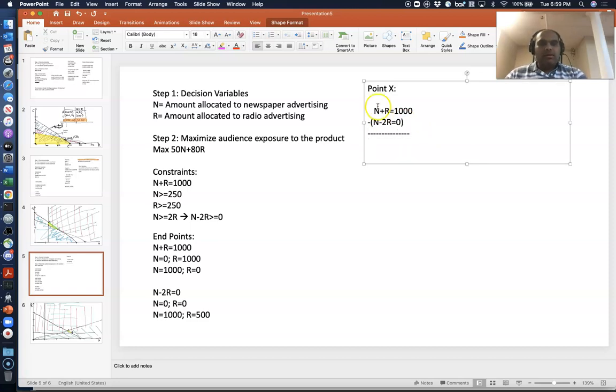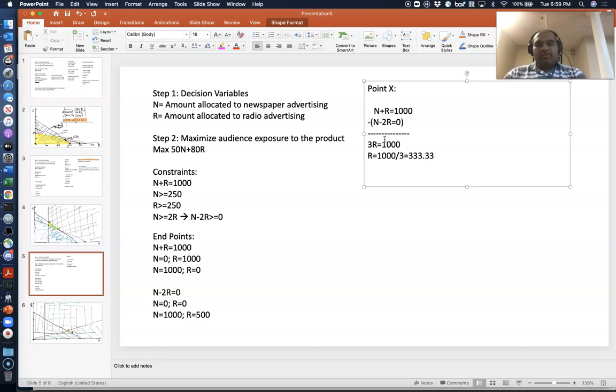this. The n and the n get cancelled. r minus of minus 2r, right? Minus of minus 2r is 3r. 3 times r equal to 1000, or r is 1000 divided by 3, which is $333.33. Remember, r is the amount of money that you allocate to the radio budget, right?